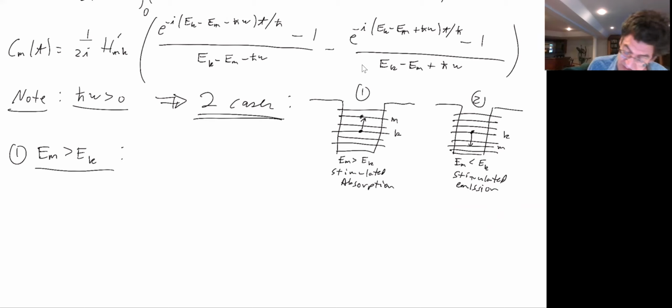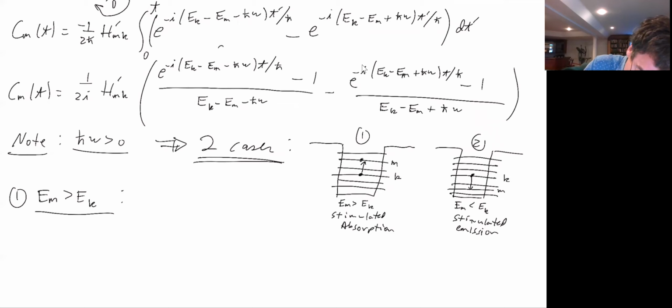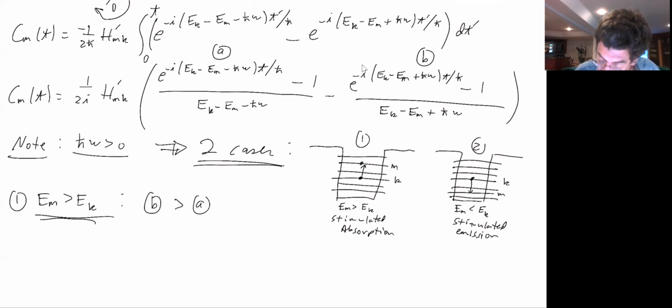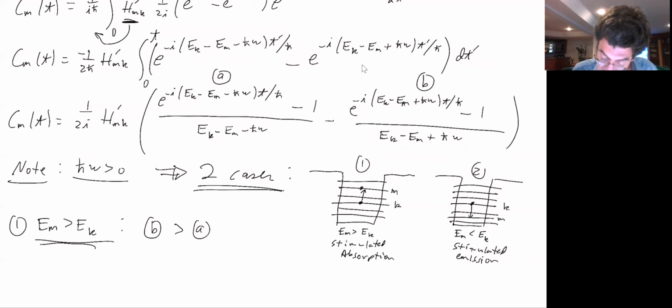Now this is the really cute thing: if I look at these two terms, and I'll call this term A and this term B, then we notice that for this case term B is bigger than term A. You can see that from the denominator, because in this case Ek minus Em is less than 0.